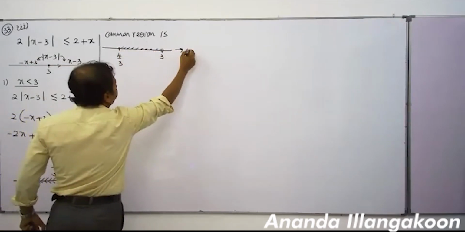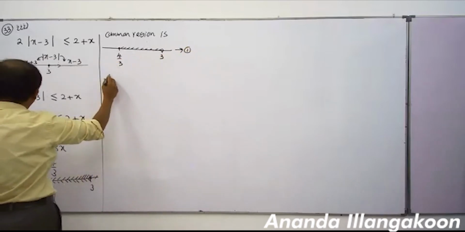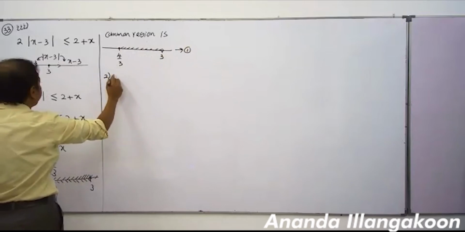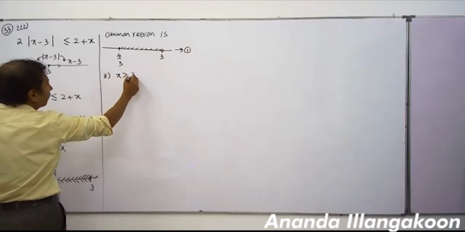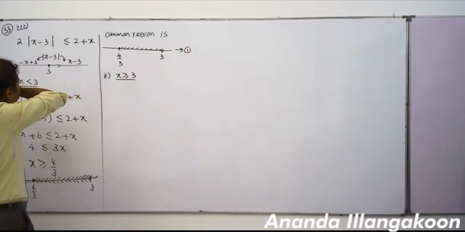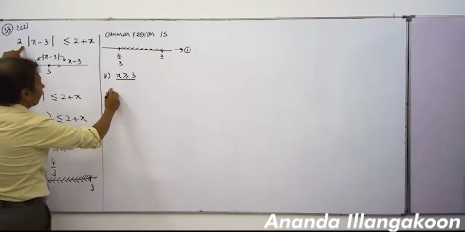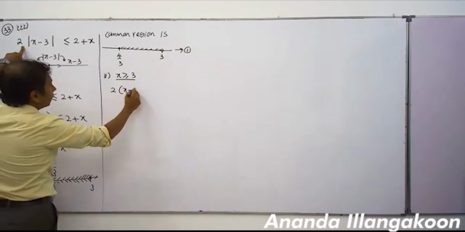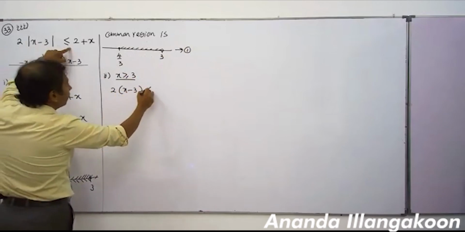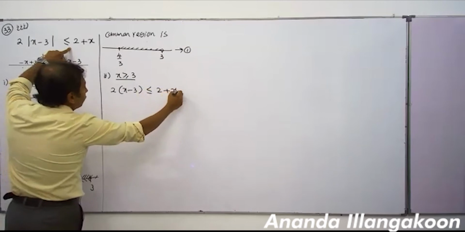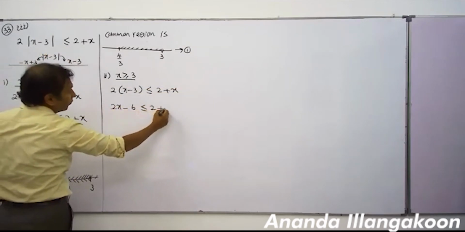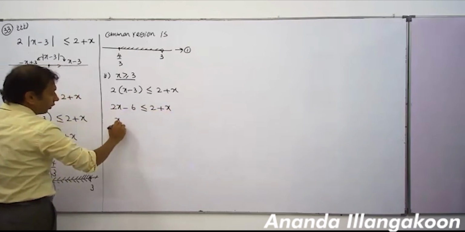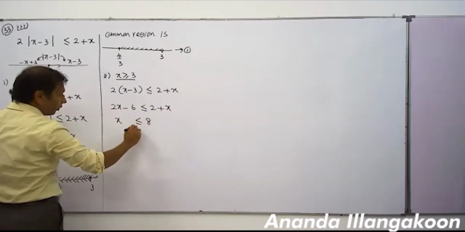First one. Secondly, x greater than or equal to 3. This one, 2 times x minus 3 less than or equal to 2 plus x. 2x minus 6, this side takes right hand side, x less than or equal to 8.